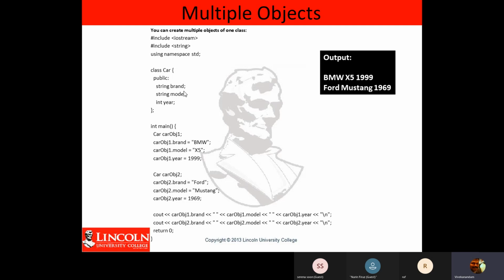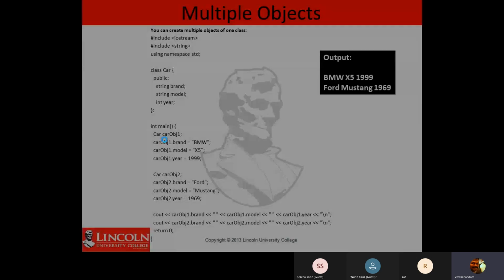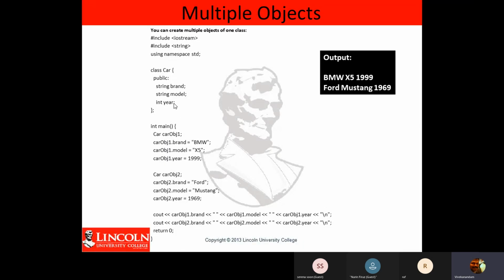Then string brand and string model. Int year, which year I'm going to put. Here int main. The class name is car, so the object we are going to create is car object 1.